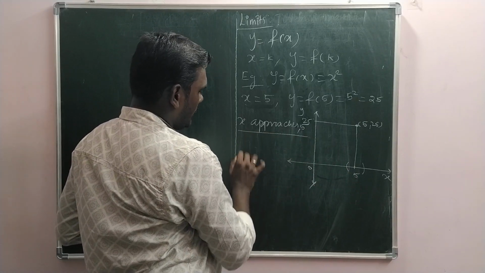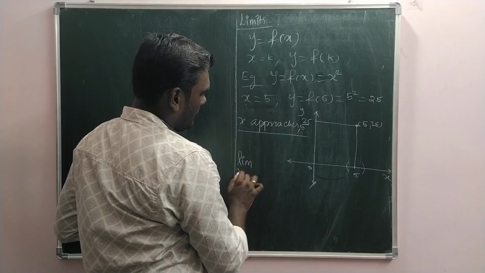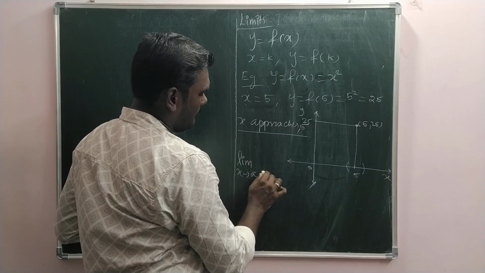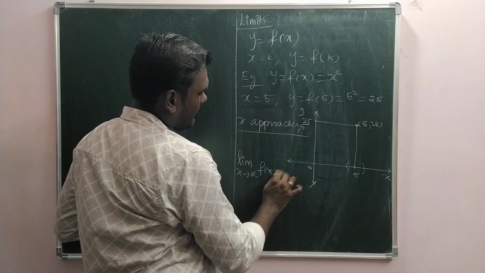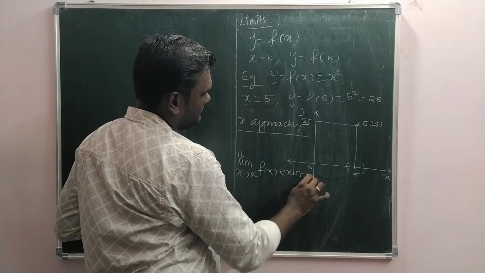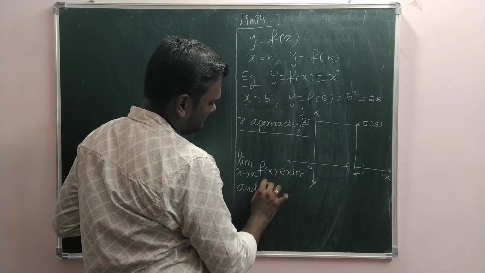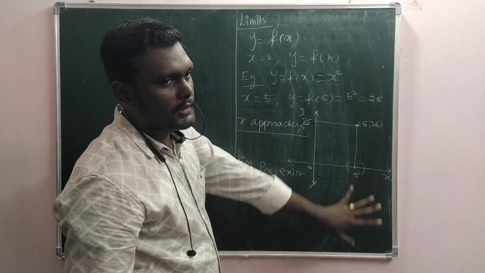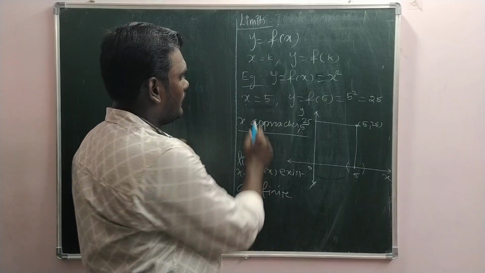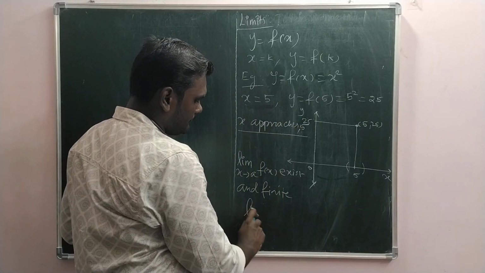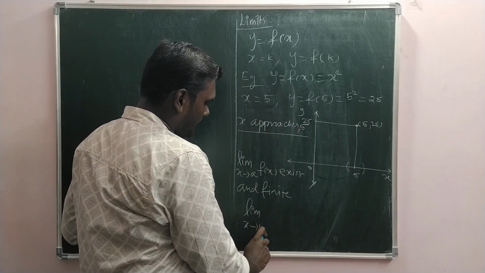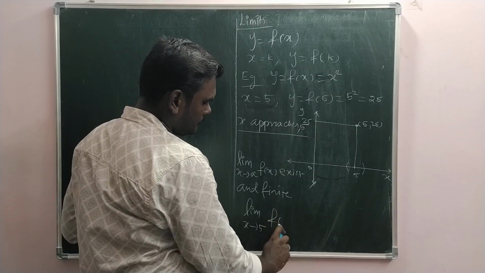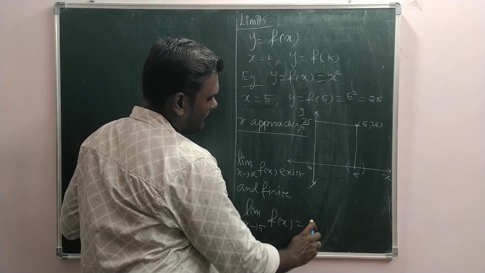Like we'll say, limit x approaches some number, this f of x exists and is finite, then the function is said to have a limit. So here, the same scenario, we can write limit x approaches 5, f of x is equal to 25.